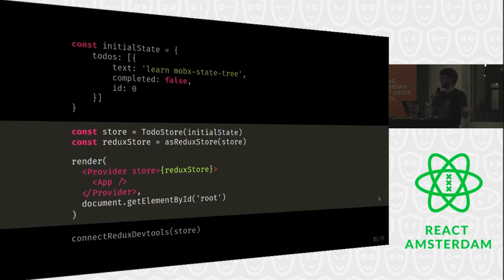Well, turns out, because we have transactional state, we can just mimic a Redux store with a state tree. So what we do is that we have a simple function that takes a MobX state tree based store and returns a Redux store, and then passes it down to the Redux provider component, and then everything keeps working as is.